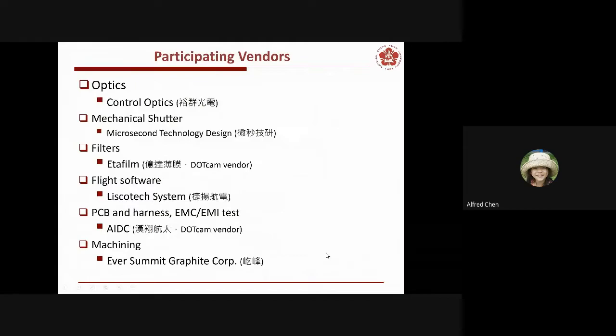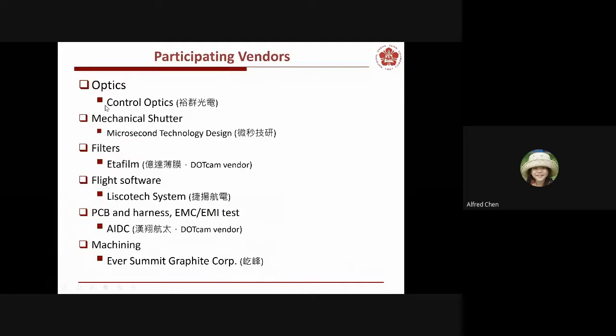In this slide, I also mention that this mission not only gives young talents a chance to participate in a space mission, but we also hope more Taiwan local companies can join the space market. In this mission, we have a lot of participating vendors.